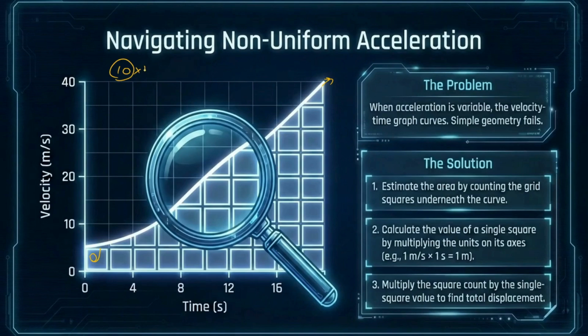So if there are 100 full boxes covered by this area, that will give you 1000 meters like this. So if the graph is like this, don't worry. You just calculate the one area and multiply it by all the other boxes. Okay. So this is how we find the displacement for non-uniform acceleration.